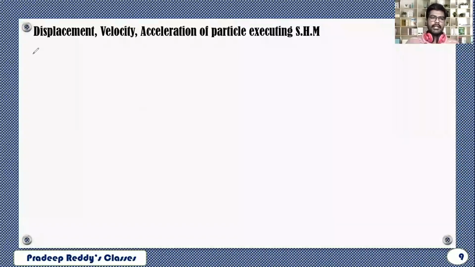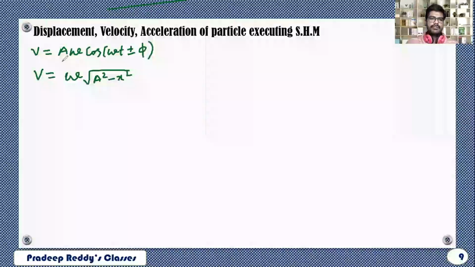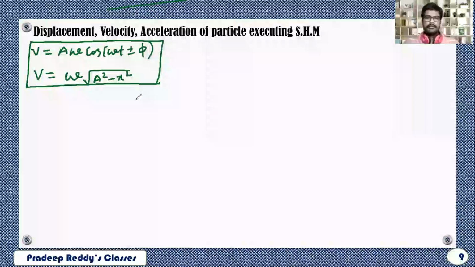So we can write down the equation for velocity as V equal to A omega into cos omega t plus or minus pi. This is number one. V is equal to omega into under root a square minus x square. These are the two equations which represent velocity of the particle in simple harmonic motion.